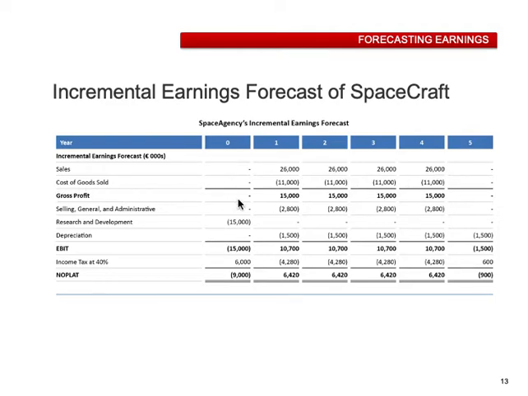Cost of goods sold is going to be 11 million per year, and that is 100,000 units times the cost price of 110 euro per unit. So then we have the gross profit, which is nothing more than sales less cost of goods sold. We have 15 million as gross profit.